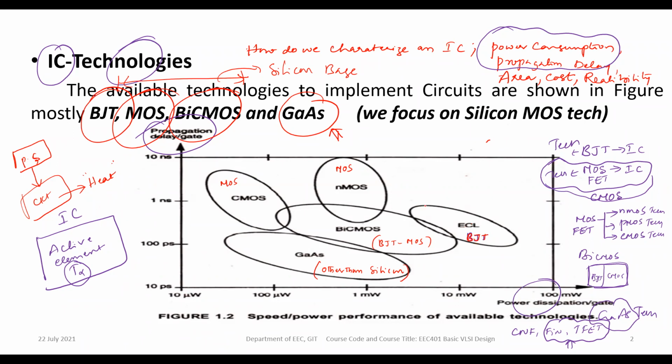Whenever they realized circuits or integrated circuits with the help of ECL, they found that the power consumption of the circuit is very, very high. As you see on the x-axis from 0 towards 100 milliwatt, you can see the power consumption at the nearest to the end point. We can say that high power is there.